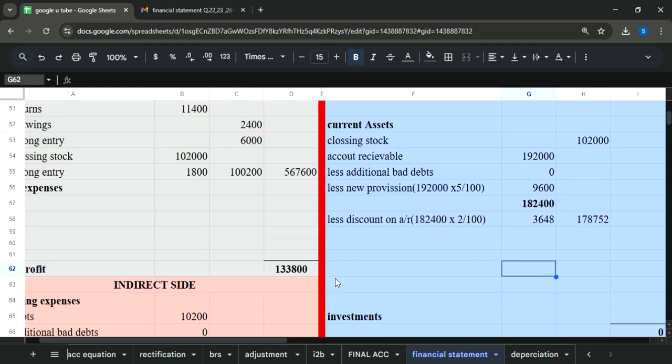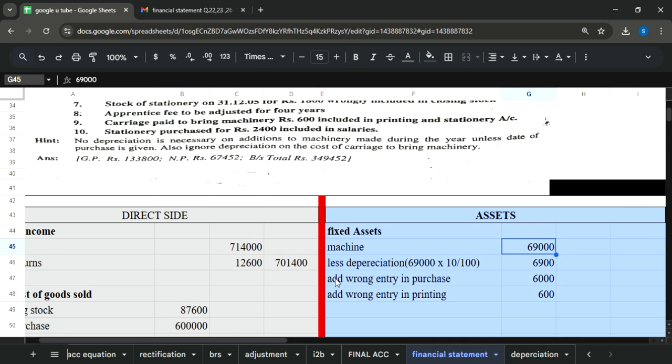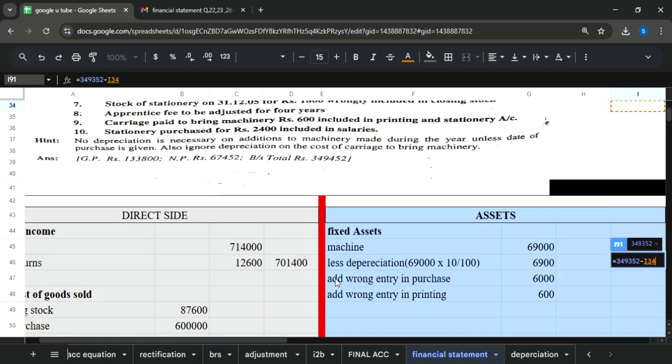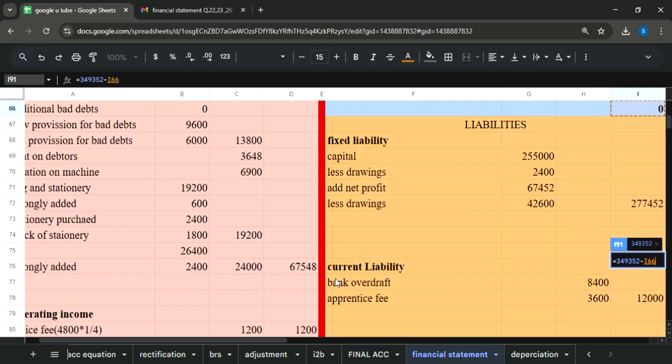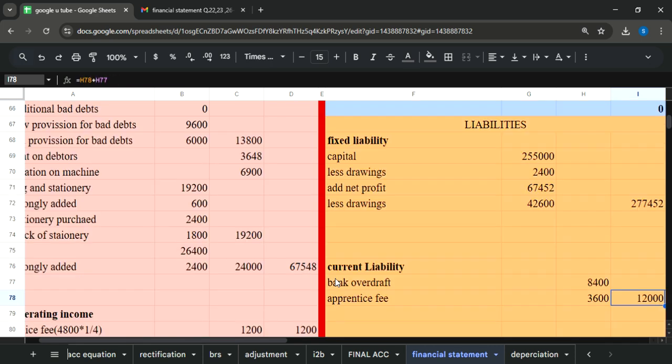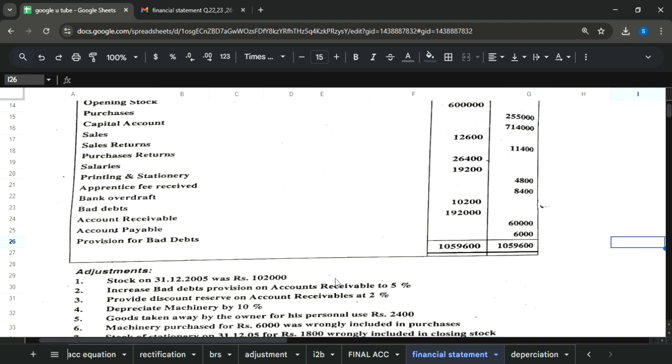First we will see how much amount we have. 349452, here 349352. No, this is not the amount. Let's see it again. 349452. That's the amount, and we will see in the question whether we have missed something.